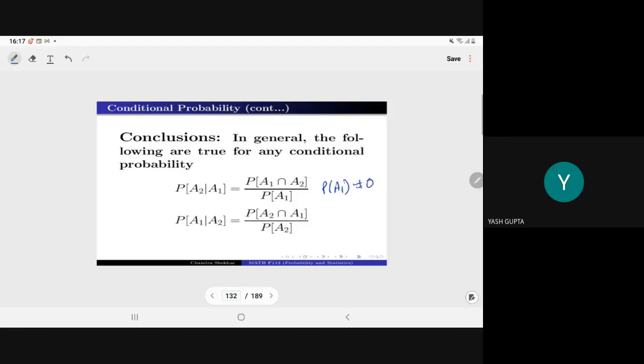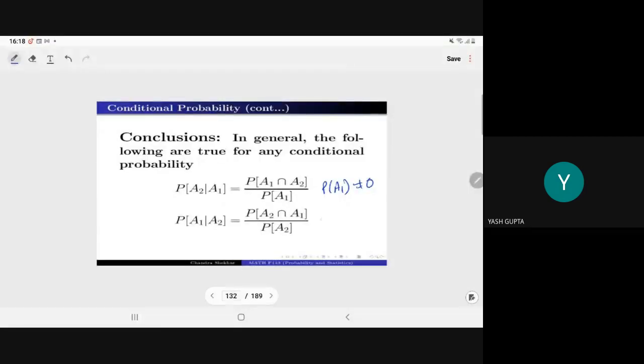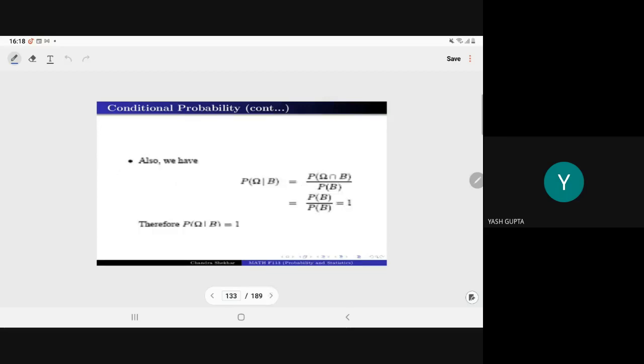Similarly, the probability of A1 given A2 is the probability of A2 intersection A1 divided by the probability of A2, provided the probability of A2 is not equal to 0. I'm saying that this is a probability function. For it to be a probability, through the axiomatic definition, we know it must satisfy the three axioms. Then only can we say it is a probability function. Otherwise, we cannot.